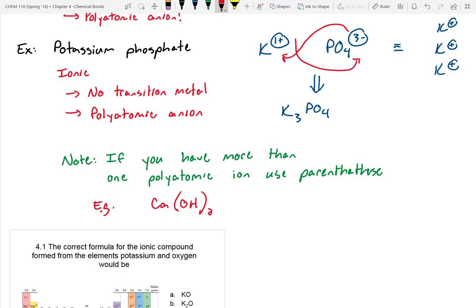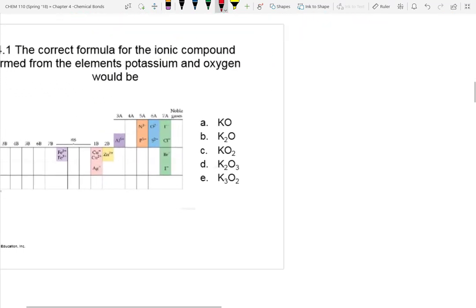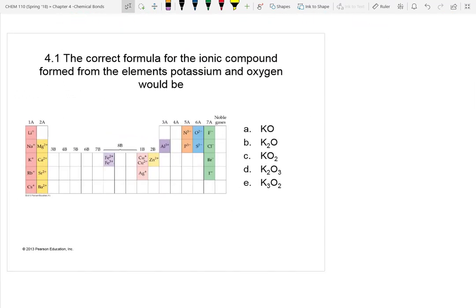All right, I've got a few more warm-up problems. First one is the correct formula for the ionic compound formed from the elements potassium and oxygen would be what? So this would be an example of an exam problem. So potassium always has what charge again? 1 plus.